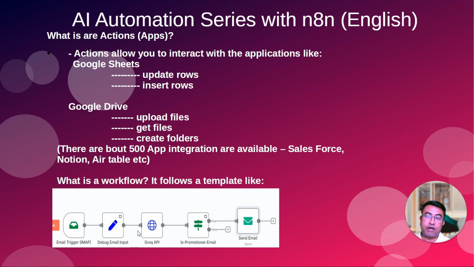Next is HTTP, where we are using the Grok API here. This is an if conditional statement, and next is the action. Action, in my case, is sending the email.